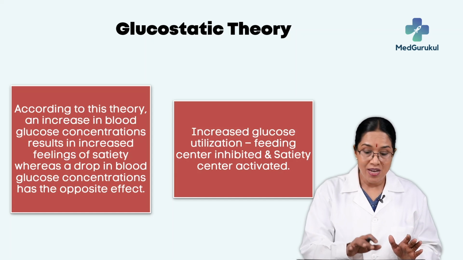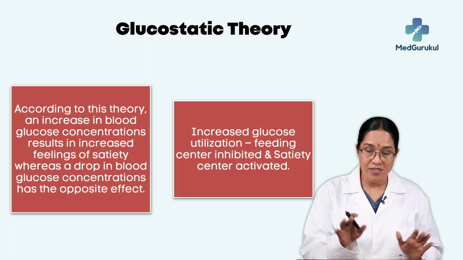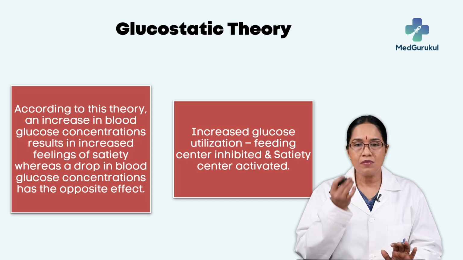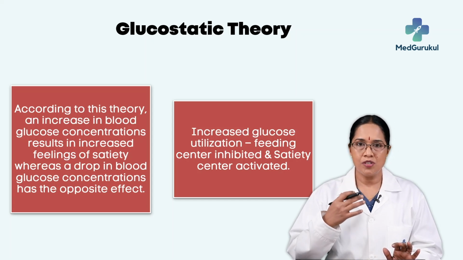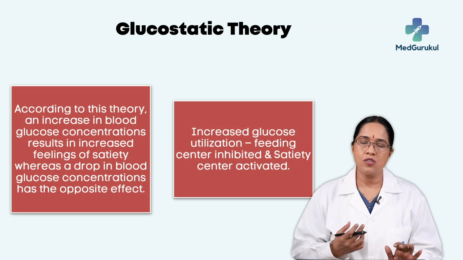Look at the second point: with increased glucose utilization, the feeding center is inhibited and the satiety center is activated. So, what happens here in the glucostatic theory is, as the person is chewing and eating food, as you're chewing the food itself, the digestion has started, isn't it? So, what happens?